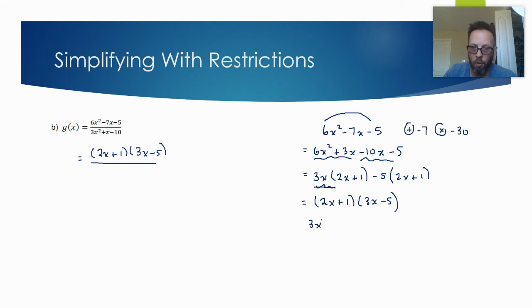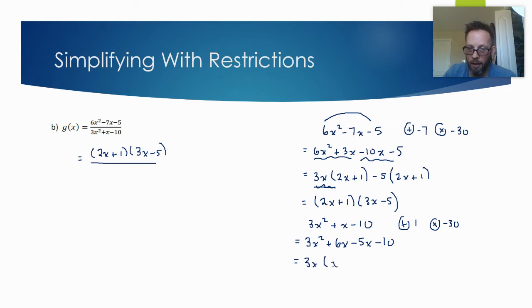So 3x squared plus x minus 10. We're looking for numbers that add to 1. Multiplied to minus 30 also. That's just a coincidence. Those numbers I can see would be positive 6 and negative 5. And I can take 3x from the first bit.